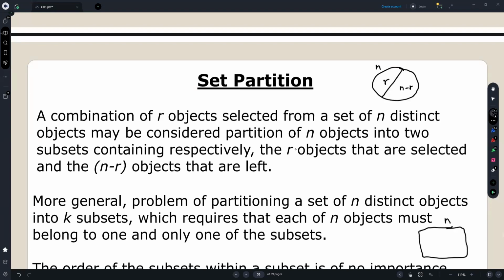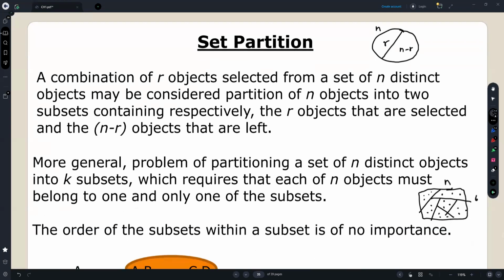An object cannot be in two. So in this case, I have 1, 2, 3, 4, 5, 6. N is divided into 6 subsets or 6 partitions, and these n objects are distributed among these subsets.